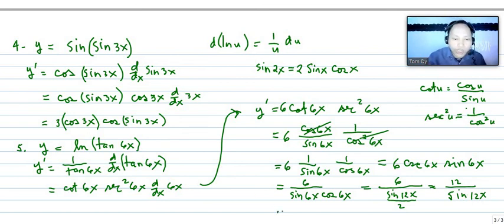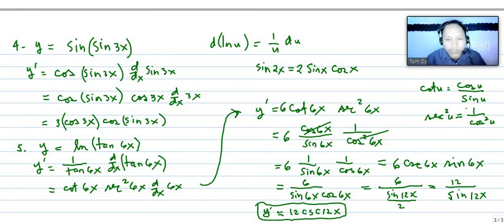So we can have our final answer as 12, 1 over sine is cosecant of 12x. So we can have this one as our final answer, or we can make use of this one, okay, but this one is the most preferable answer for this particular problem.